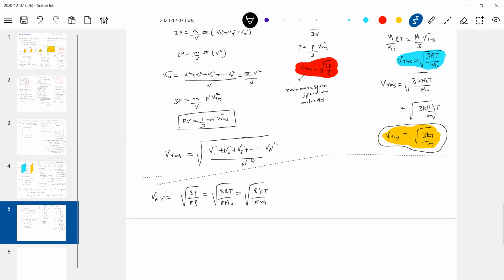And the average speed of molecules. Next, most probable speed. So this is equal to how much? Root of 2kT by m.